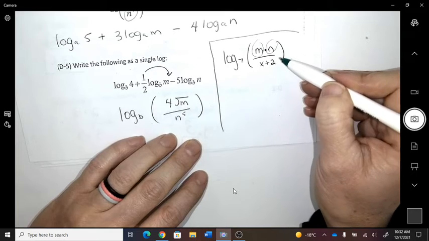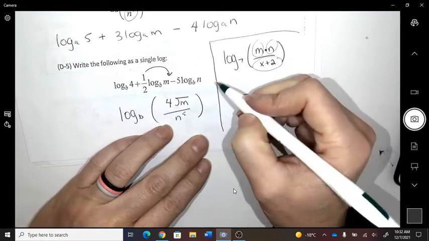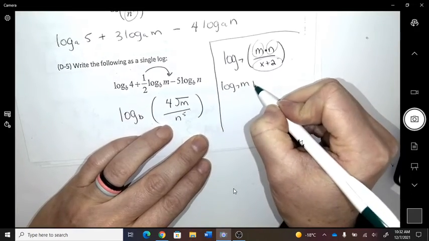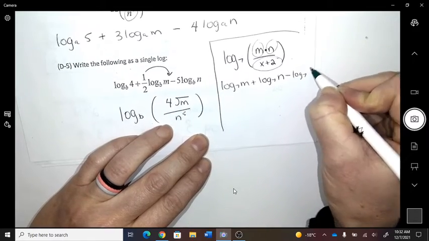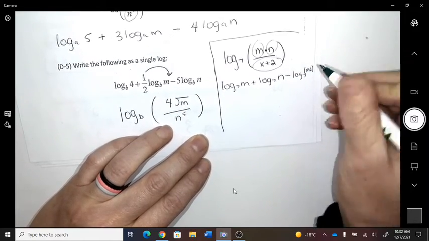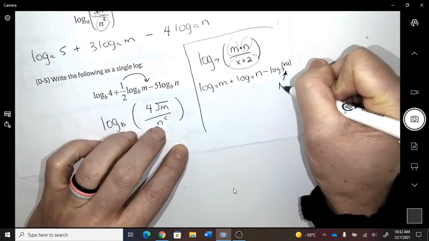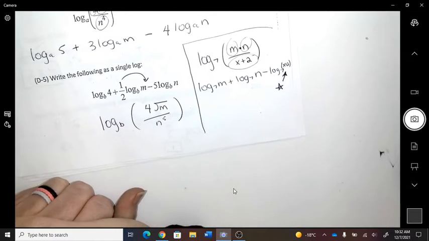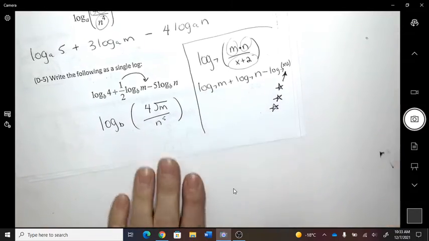This, and do you understand that that doesn't get separated? That is one of the places I see quite a bit of errors made. It's still connected as x plus 2 and can't be separated. So don't make that mistake.